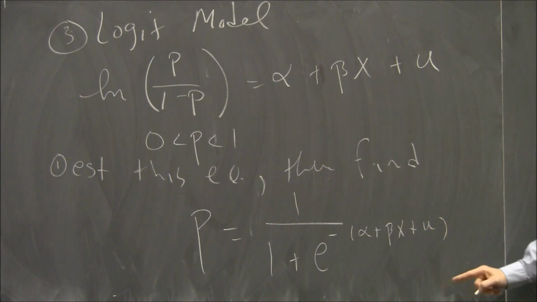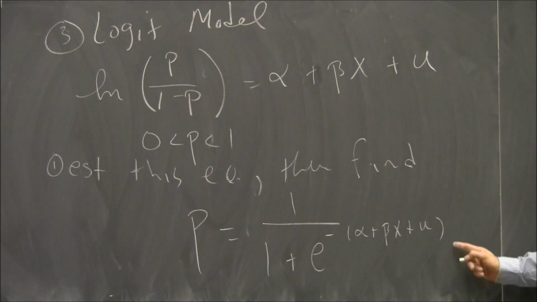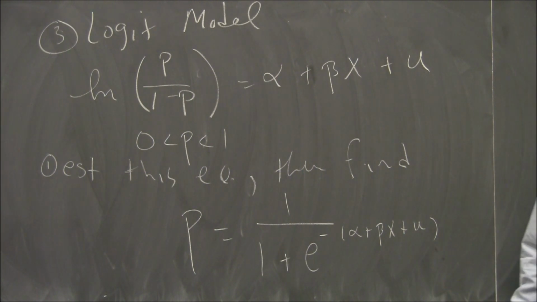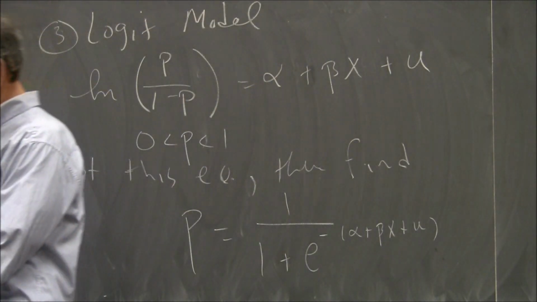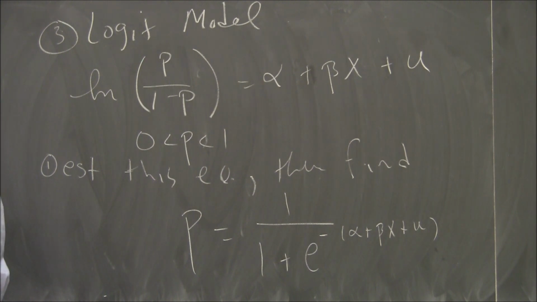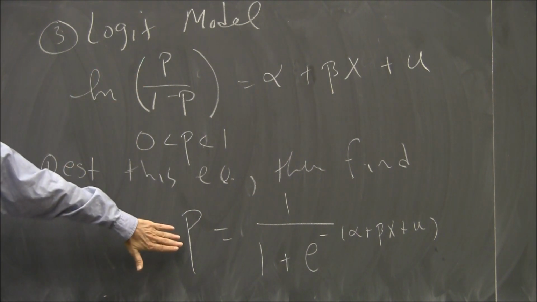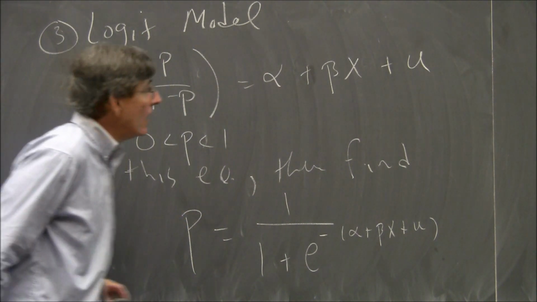So this is the model that tells you how the probability changes with the x's. It's called Logit because this is a logistic distribution, but I don't really want to get into that. So this is the way you'd estimate this model, and then you could derive the probabilities this way.